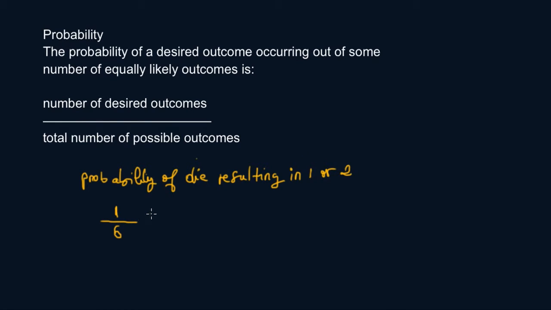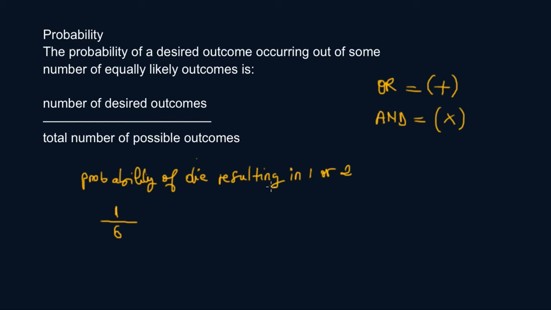So or is always represented by a plus, and and is a multiplication, and I'm going to do an example on that. So and is like a product, a multiplication, and or is represented by a plus, so you're adding.